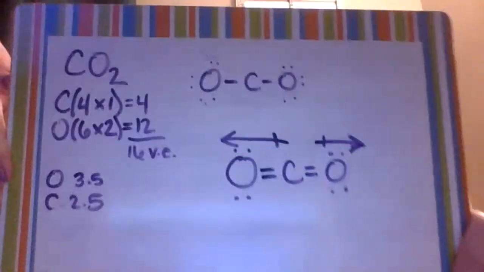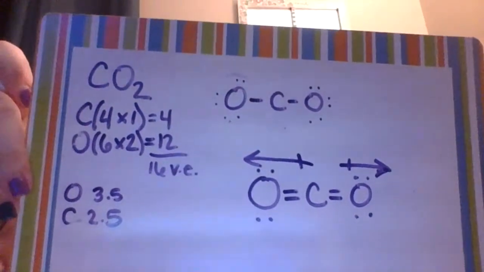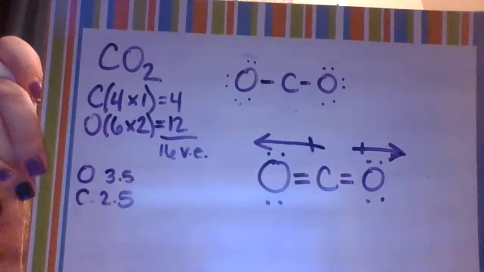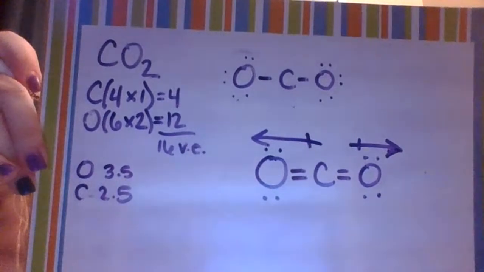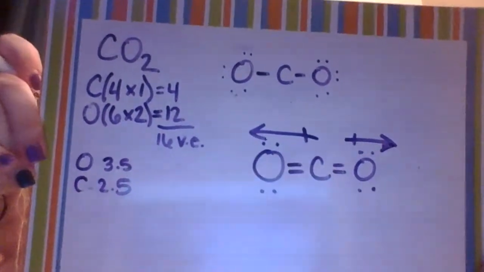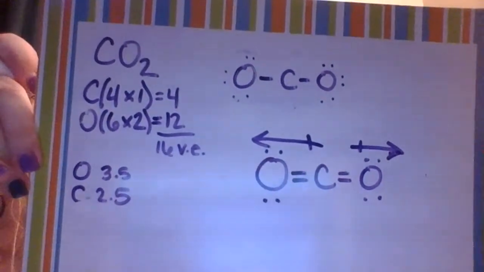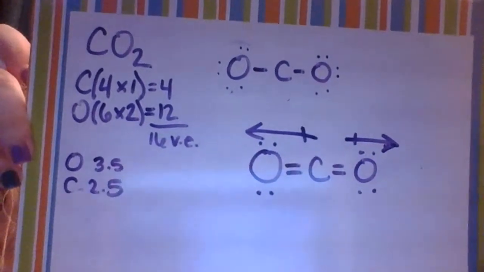You can see that I have the electronegativity going from carbon to oxygen, and because both of them are pointing out, they will cancel each other out. Because they cancel each other out, there is no net dipole moment, and that makes carbon dioxide, CO2, nonpolar.